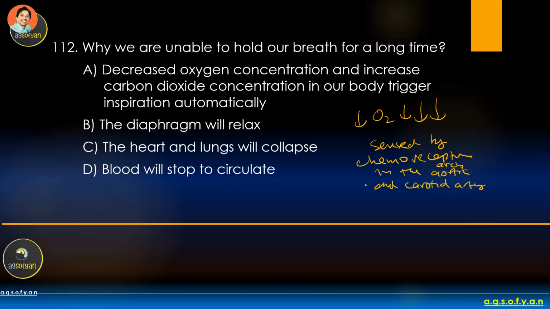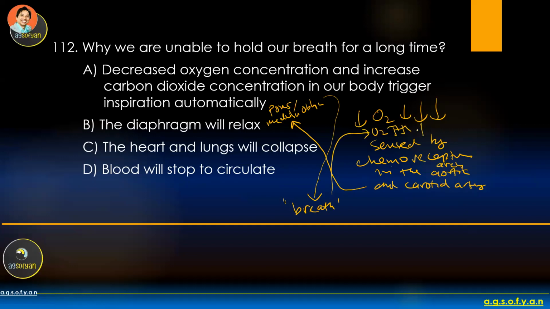Then these chemoreceptors will send information to the pons and medulla oblongata. The pons and medulla oblongata will then send the information to our lungs, or our respiratory tract, to breathe in order to increase the oxygen level.